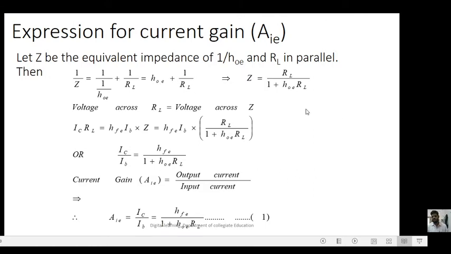So Z is equal to RL divided by 1 plus HOE RL. The voltage across RL is equal to the voltage across Z. Therefore IC RL is equal to HFE IB into Z.